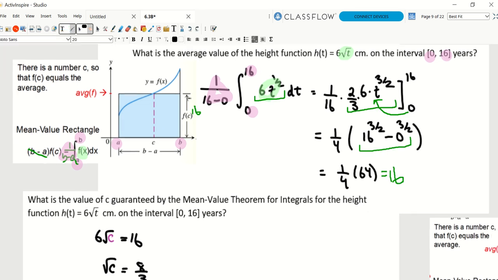All right, so we found the y coordinate. Now, this right here, what is the value? When you read this, this is a classic example of a lot of words for a very simple question.